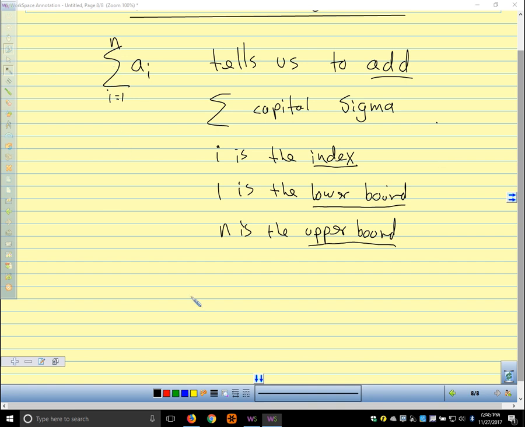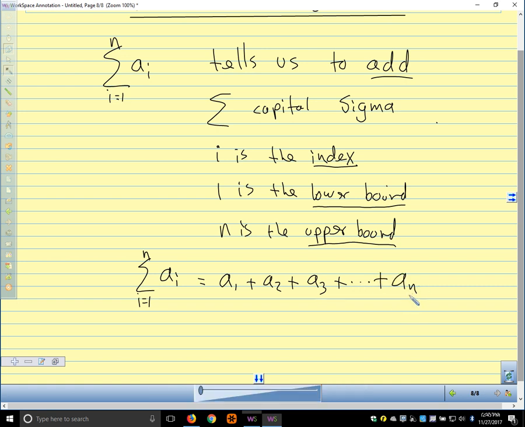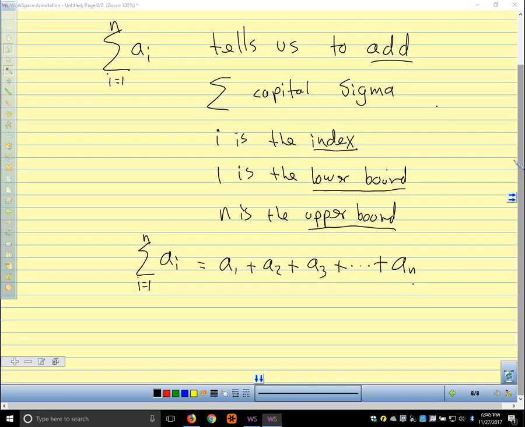So what this is saying is the summation, the way we pronounce it, the sum i equals 1 to n, a sub i, is a sub 1 plus a sub 2 plus a sub 3 plus dot dot dot plus a sub n. So we're just adding all of our terms.